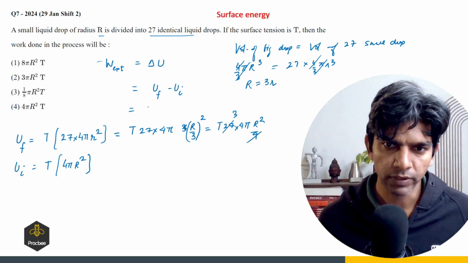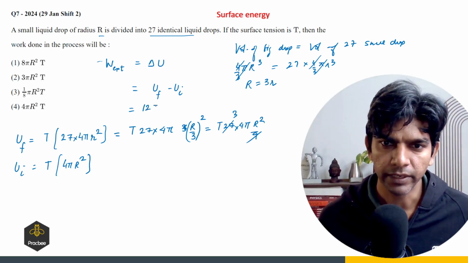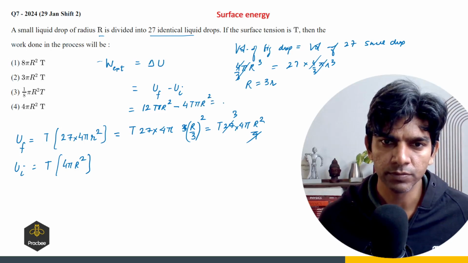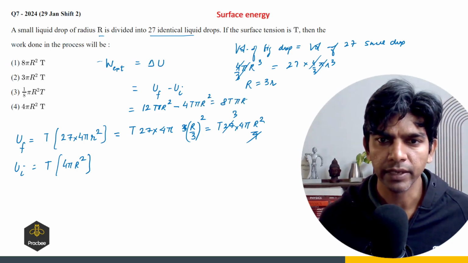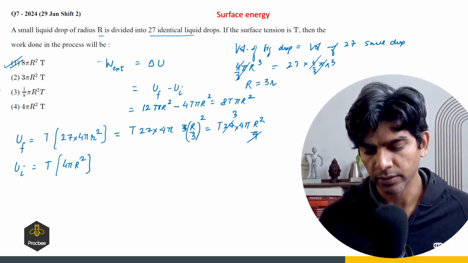So let us substitute the values. So it will be 12 T pi capital R square minus 4T pi capital R square, which comes out to be 8T pi capital R square. So option 1 is the right answer.